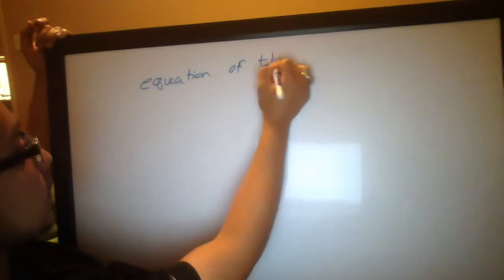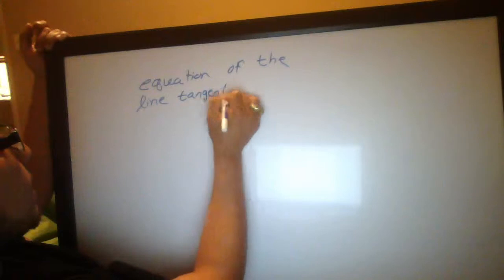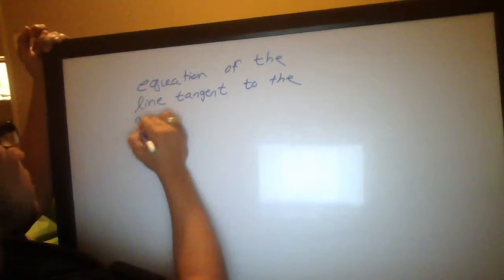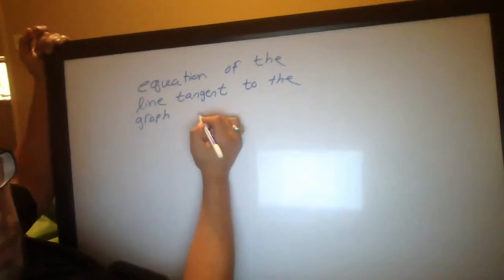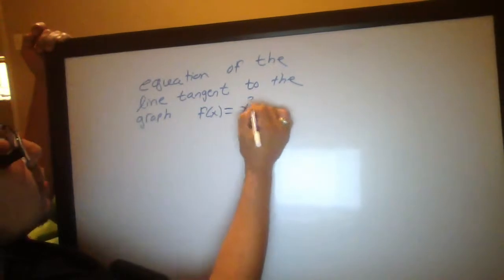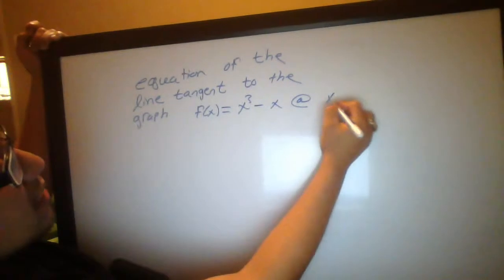It says, which of the following is an equation of the line tangent to the graph f of x equals x cubed minus x at the point x equals 2.